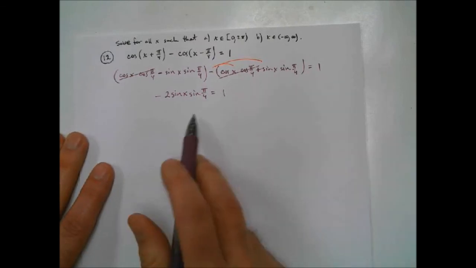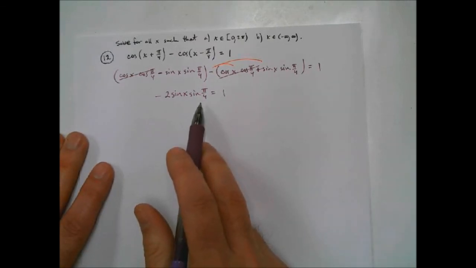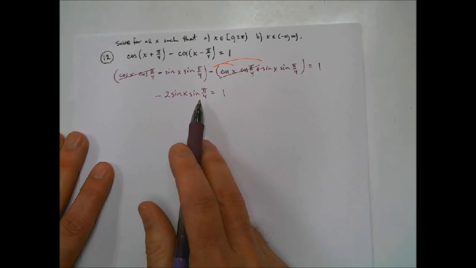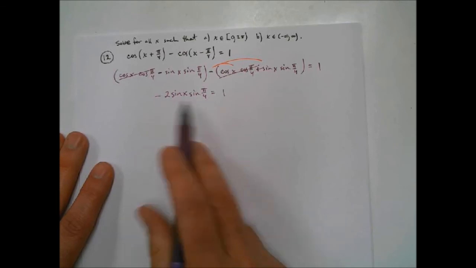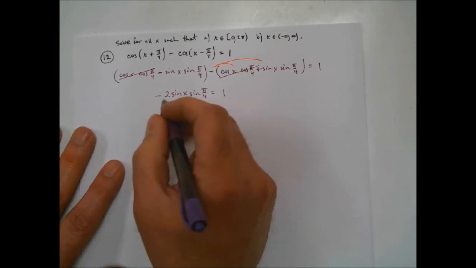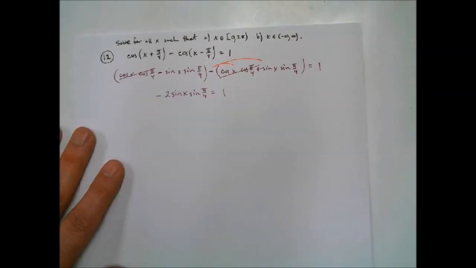Okay, now sine pi over 4, that's something we're supposed to be able to work with, and so somewhere along the way we need to go ahead and deal with that. I could move the negative 2 right now, I could wait, it just depends on the person. I think I'll go ahead and move the negative 2 right now.